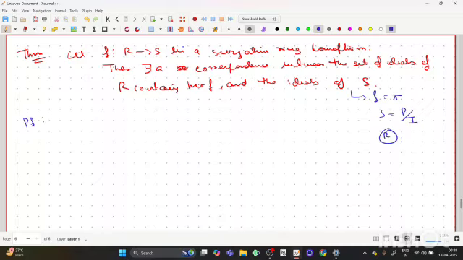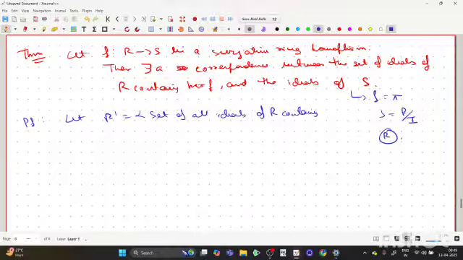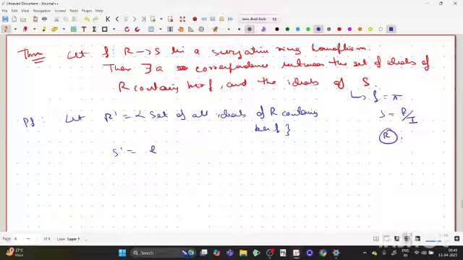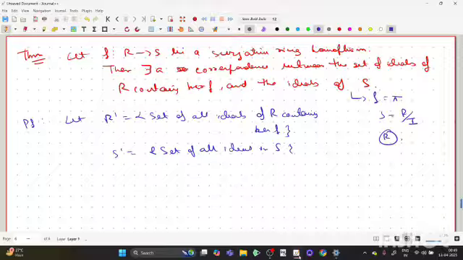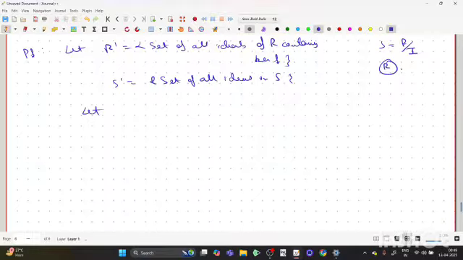So proof: let R prime be the set of all ideals of R containing the kernel of f. Let S prime be the set of all ideals in S. Now let J be in R prime.